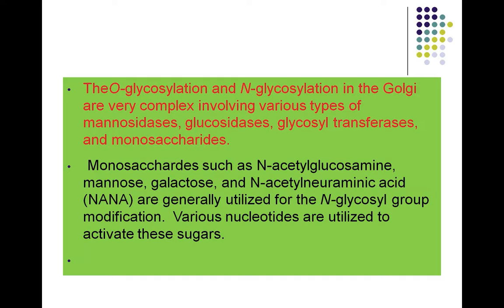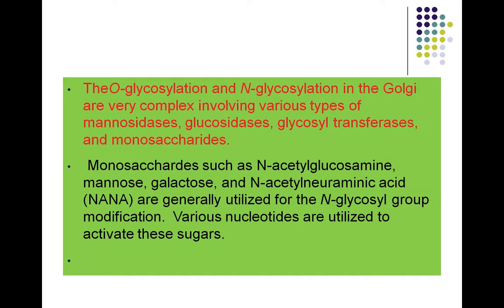Another kind of monomer sugar is NANA, N-acetylneuraminic acid. Remember that as another example of an important sugar monomer that is added to the complex oligosaccharide chain.